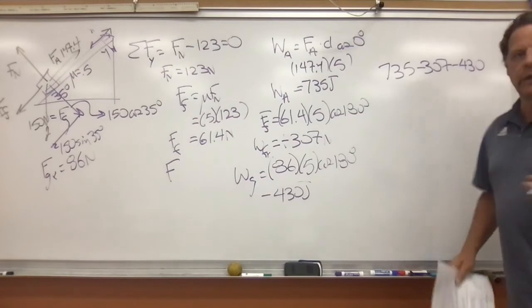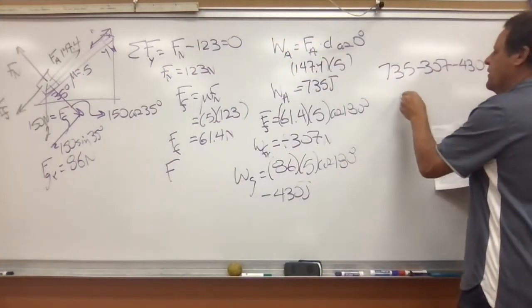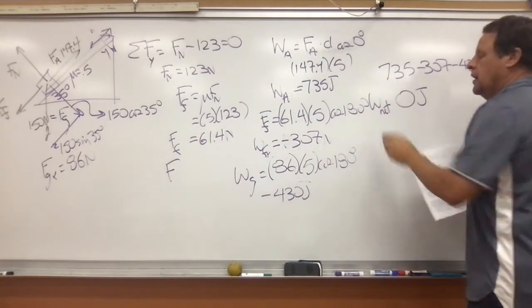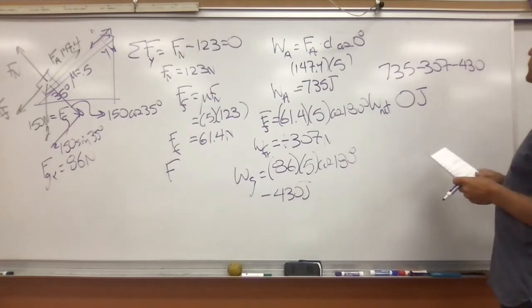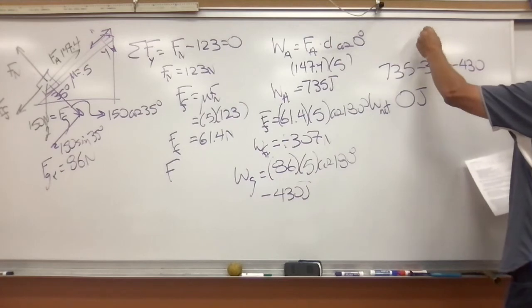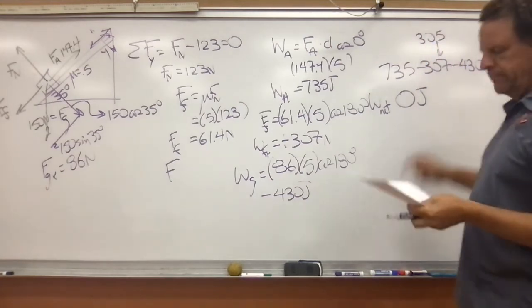And once we take into account our rounded answers, the amount of net work is going to be 0 joules. So this would probably really round to negative 305 there.